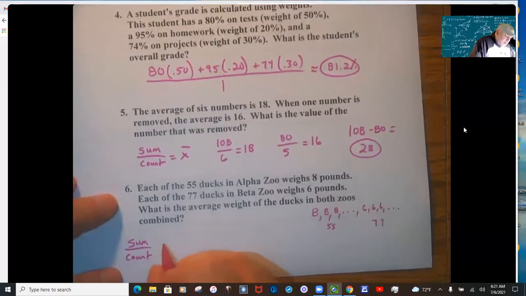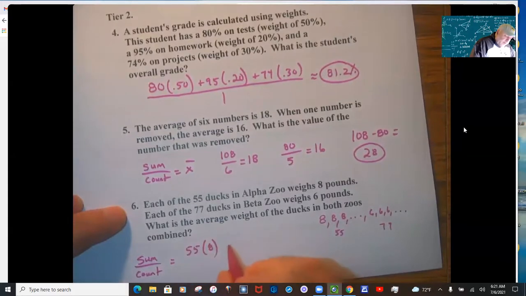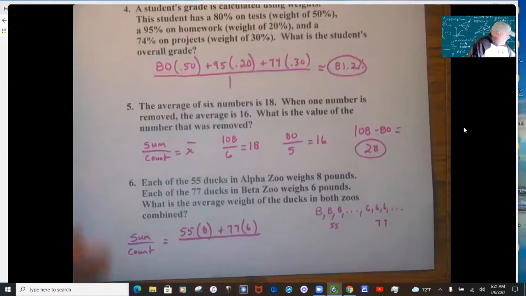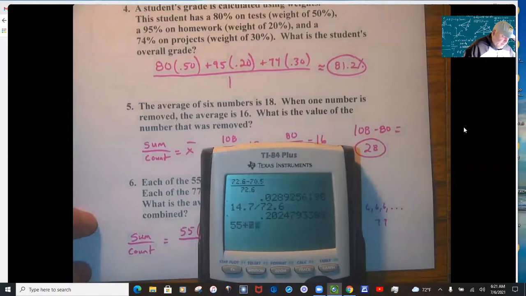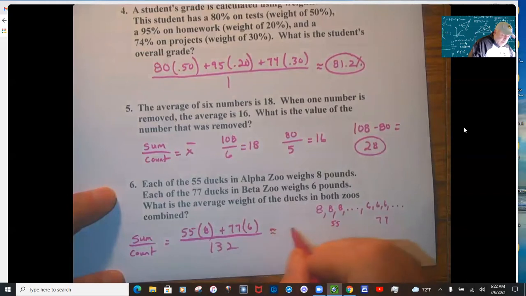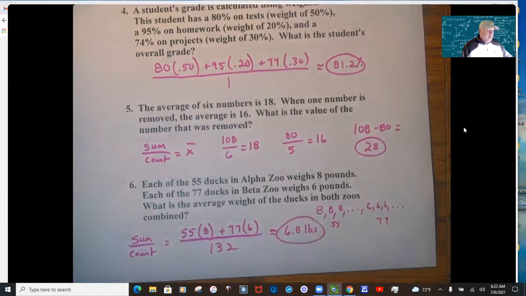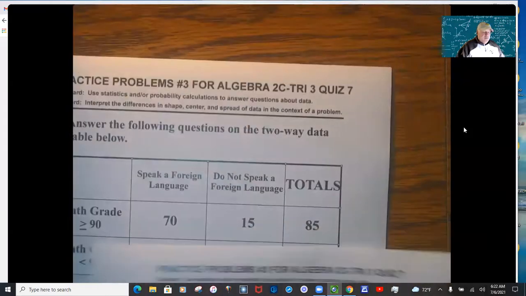Well, we do 55 times 8 plus 77 times 6 over the count, which is 55 plus 77. Let me just do that real quick so I don't get that wrong. 132. And then that average is about 6.8 pounds. Again, you must get an answer between 6 and 8, closer to 6 than 8, and you're trying to make sense of that.